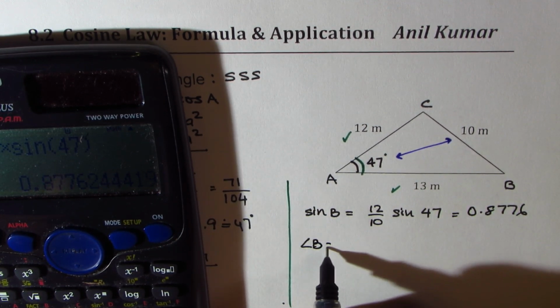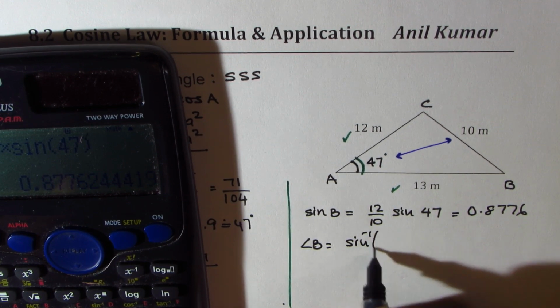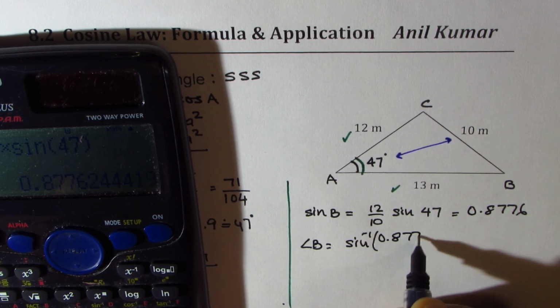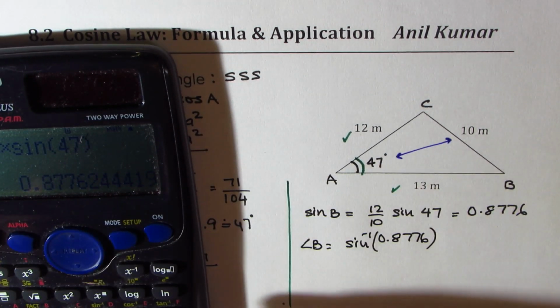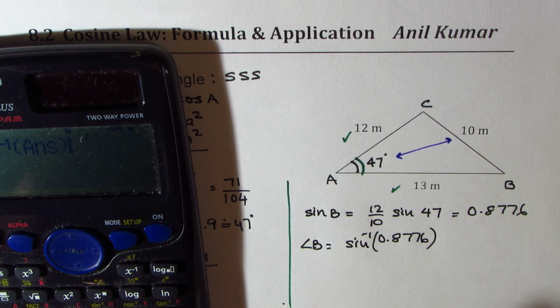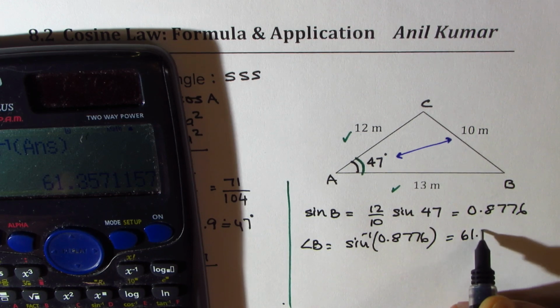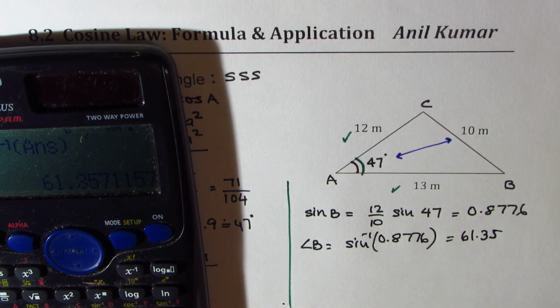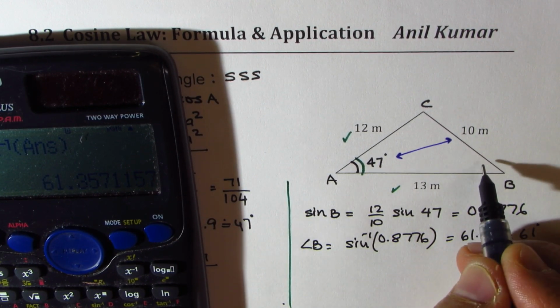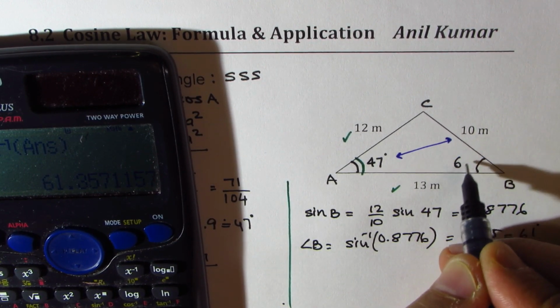So angle B is equal to sine inverse of 0.8776. So we'll do sine inverse of our answer, and that gives us 61.35. Correct? And we can round this to, let's say, 61 degrees. Let's work with 61 degrees.